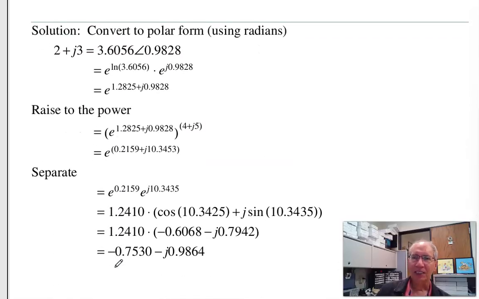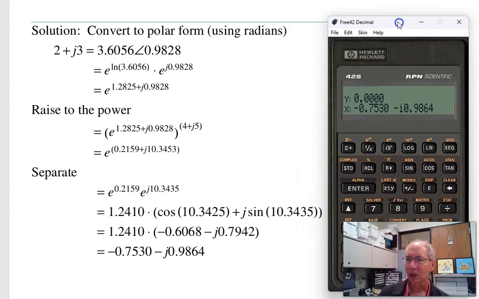If you want to do that by hand, it's a little bit trickier. I have to take the rectangular form and convert to polar form. So when I raise it to a power, 2 plus j3 is e to the 1.28 plus j.98. When I have e to the a to the b, the exponents multiply. Take the real part, that's the amplitude. The complex part has a real and complex part. Yada, yada, yada. Or just trust your calculator. Calculators do it right. MATLAB does it right.